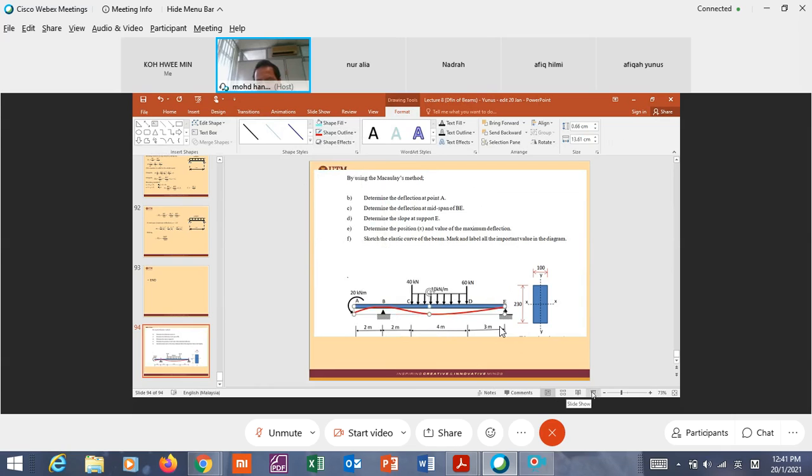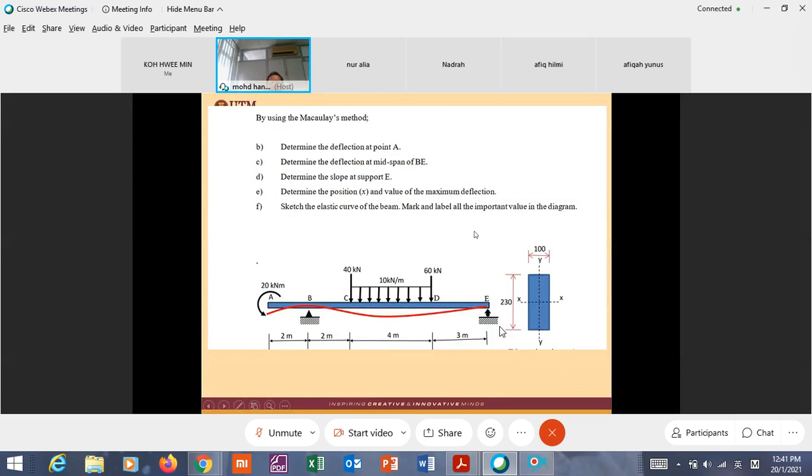If it were symmetrical, then we would know that the maximum deflection is at midspan. And at A, of course, there is a maximum deflection, but this one is at the overhang or cantilever.